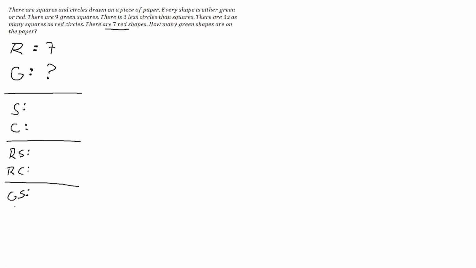Sorry about that. There we go. So for me, x will be the red circles, just like so. It's also stated that there are 9 green squares, so we can pop that right there.